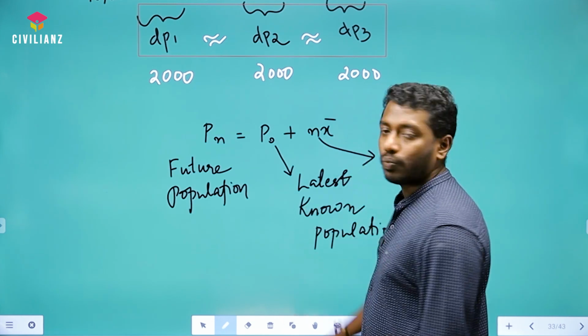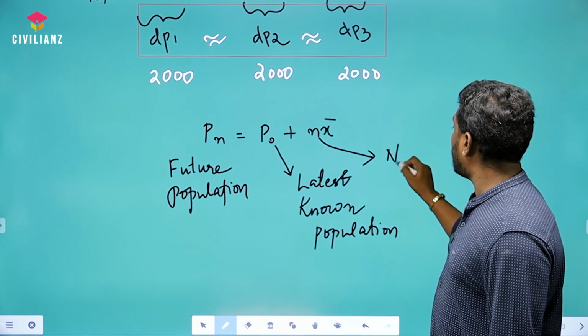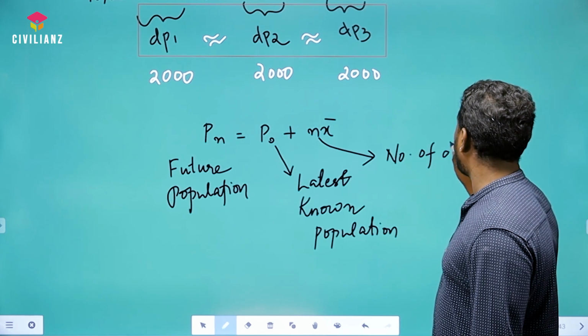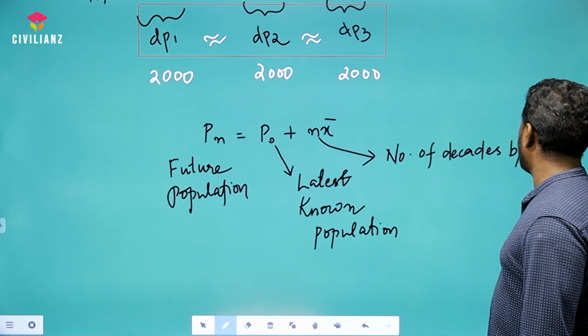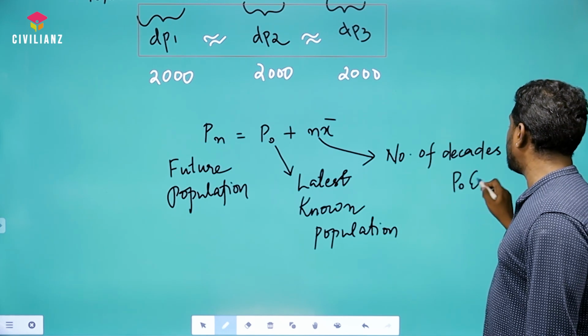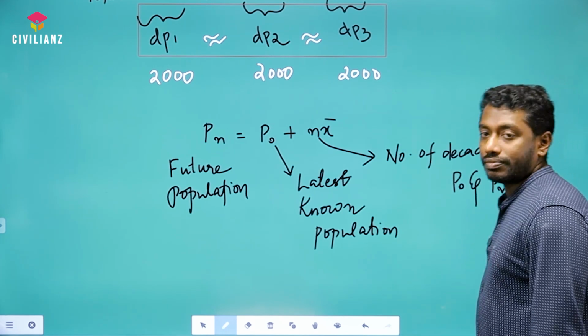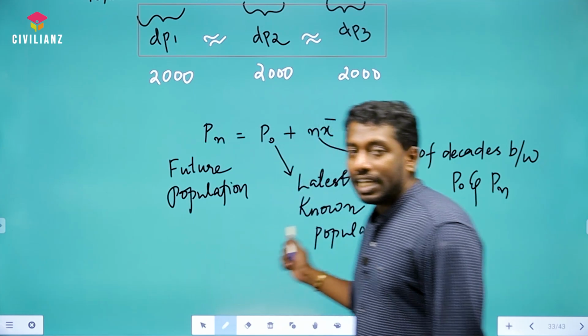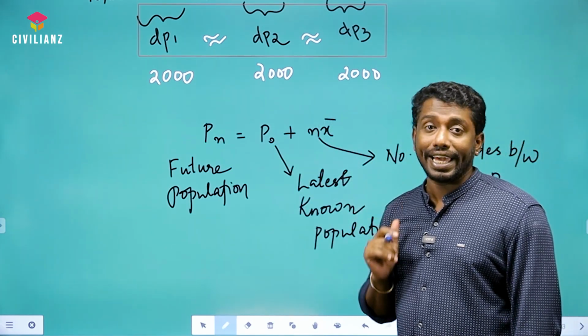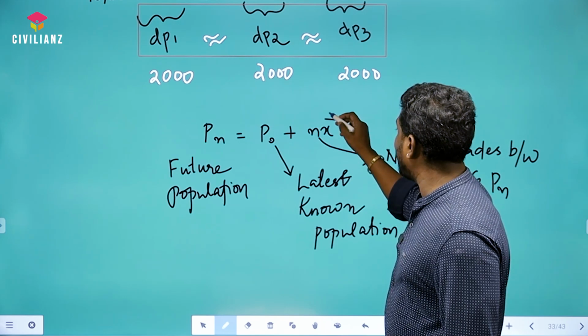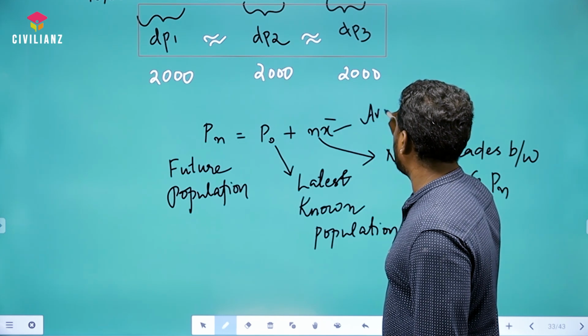And N, what is N? Number of decades between P0 and Pn. Remember, N is not the number of years, but the number of decades. And finally x bar. What is x bar?